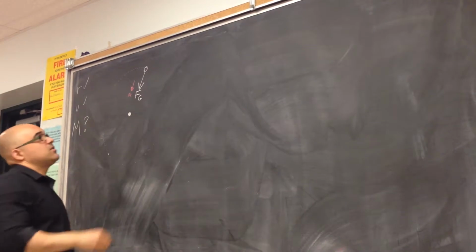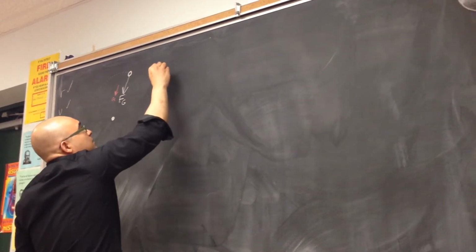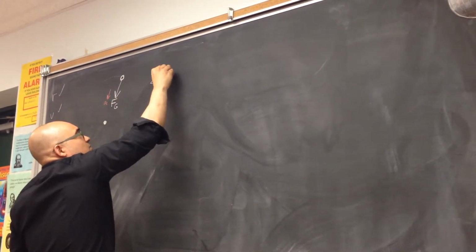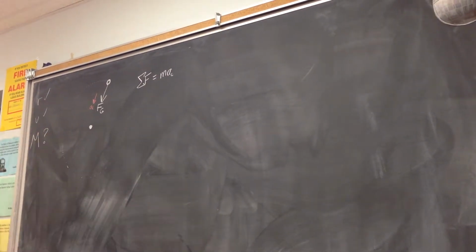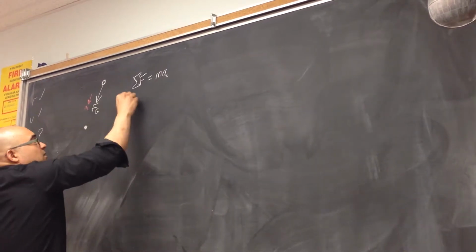Okay, so we're going to apply Newton's second law to our body orbiting the black hole here. So Newton's second law says the sum of the forces equals the mass times the acceleration, which is centripetal in this case. The only force acting on it is the force of gravity.